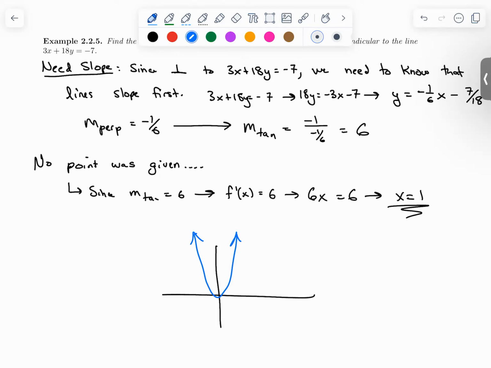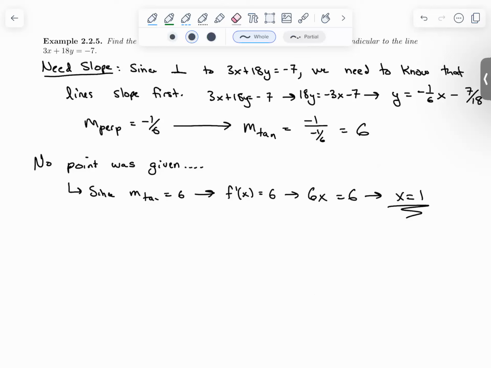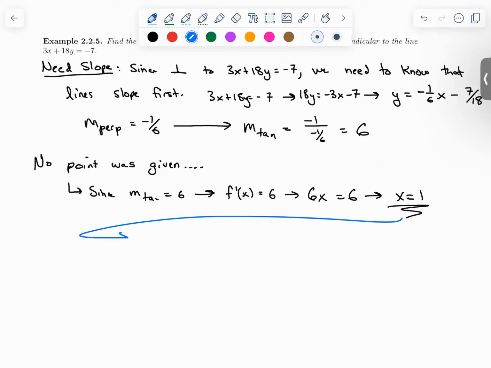So we found the x value, but we still need the point. So f of 1, not f prime of 1, but f of 1, because we're looking for a point on the curve f for the tangent line. F of 1 would be 3 times 1 squared, which is equal to 3, which gives us the point 1 comma 3.